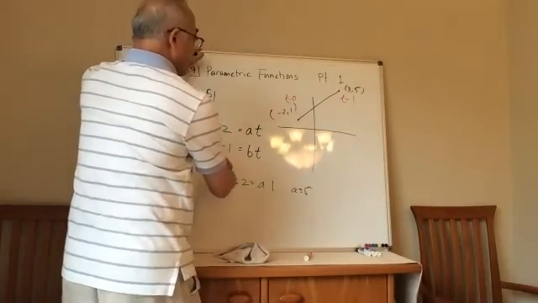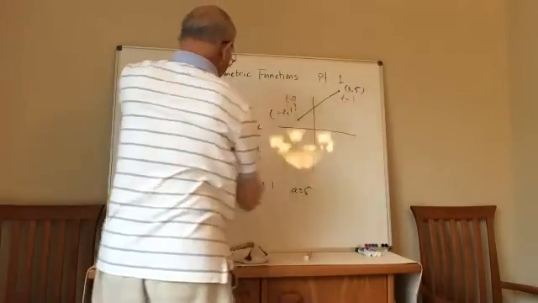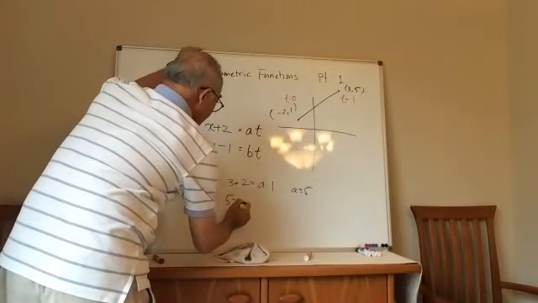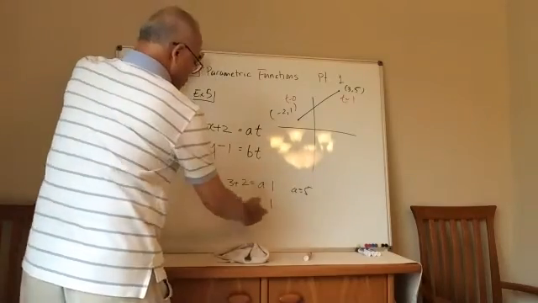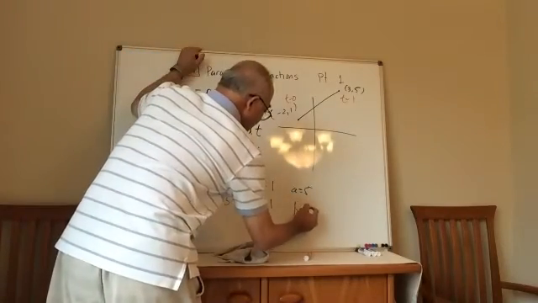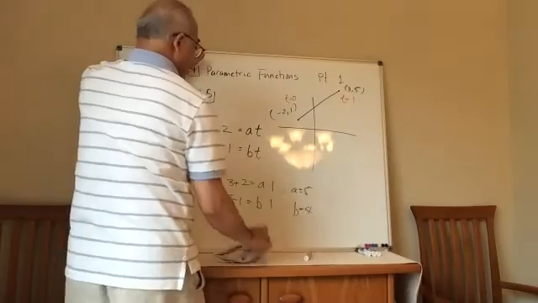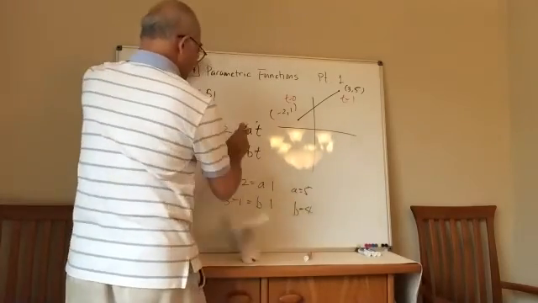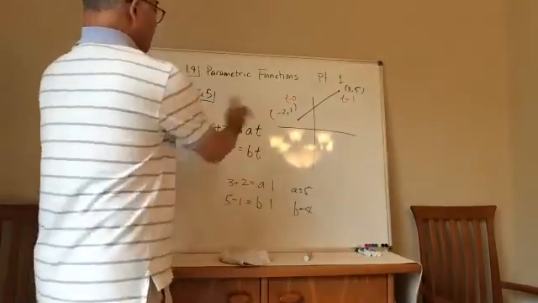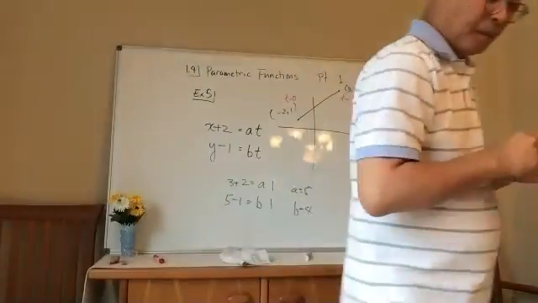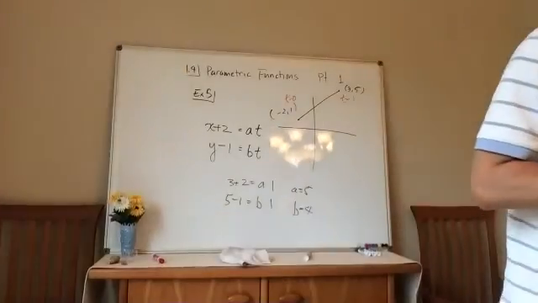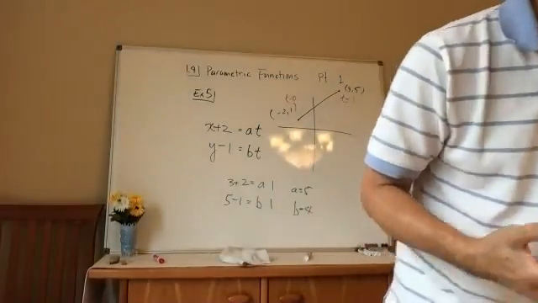And over here, when y is equal to 5, I get 5 minus 1 is equal to b times 1, so b is equal to 4, just like we found earlier. Then we say this is 5 and 4, and we move the 2 over and move the -1 over. So that's how the book did it. The same thing, really.